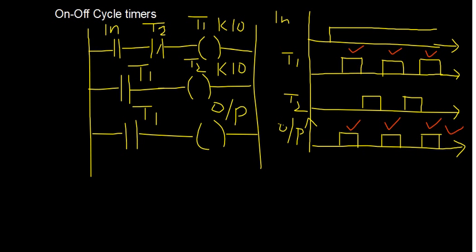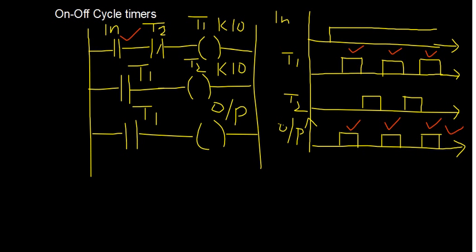So you can understand here, I have the input signal here, this is my input signal. Needless to mention again, your timer T1 will be activated for 10 seconds, right? So after the input signal has come, the timer T1 is activated for 10 seconds.